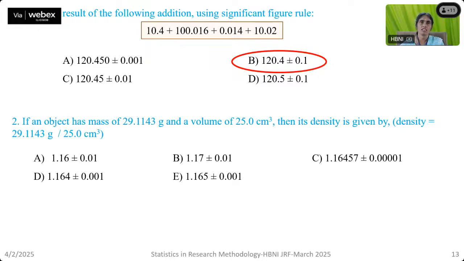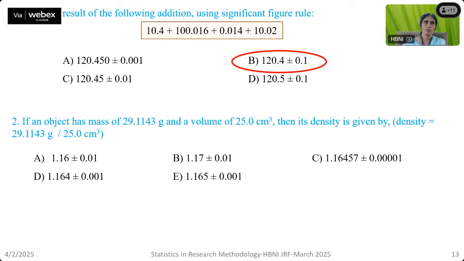The thing is how many digits you are allowed to express in the final presentation of the data. That will be governed by the least precise measurement, or in general the number having the lower number of significant figures. When we are doing this division operation, keep in mind that relative uncertainty is conserved.